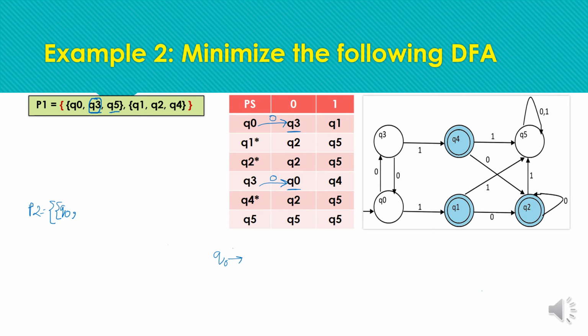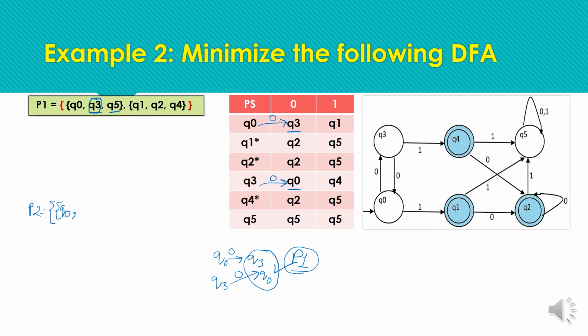We can easily check that Q3 and Q0 are part of the same group in partition 1. So Q3 is compatible with Q0 for the input symbol 0.